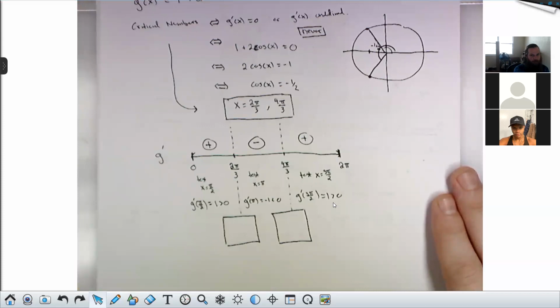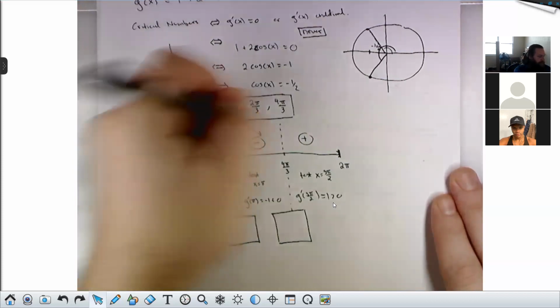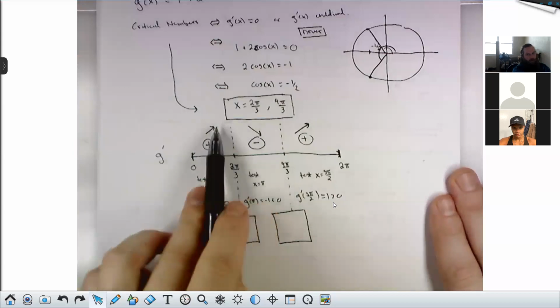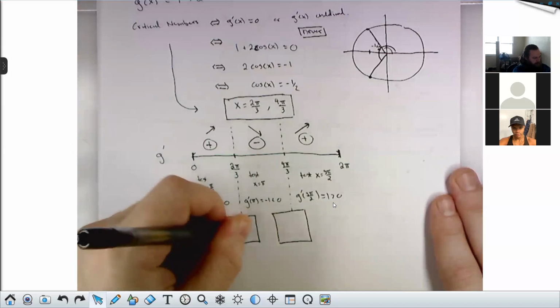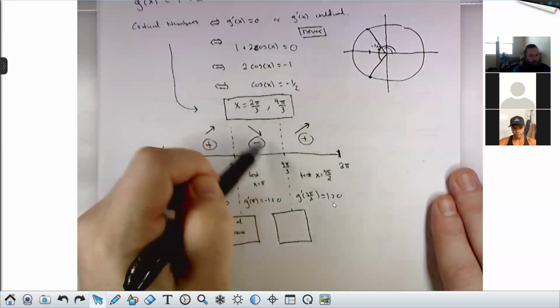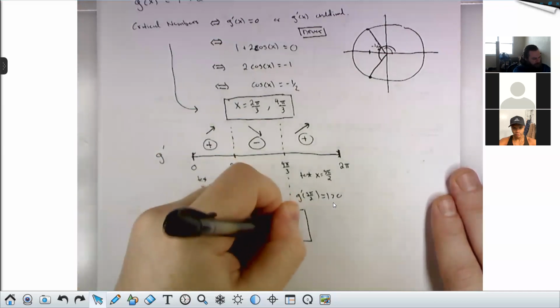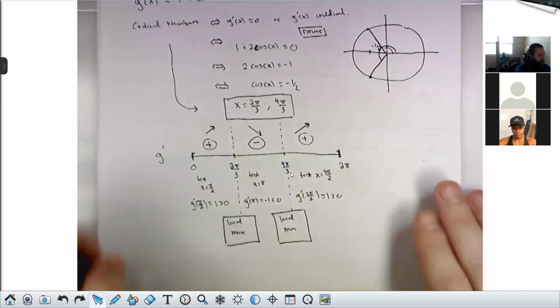Like a local maximum and then a local minimum. Yes, G has to be increasing here, decreasing here, and increasing here. So here we roll over a local max, and here we roll through a local min. And that's the game. So we have a local max at 2 pi over 3, and a local min at 4 pi over 3.